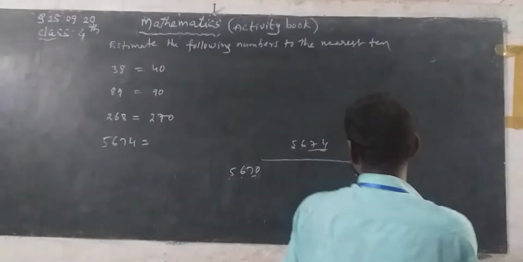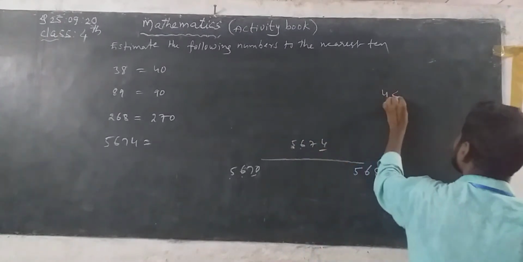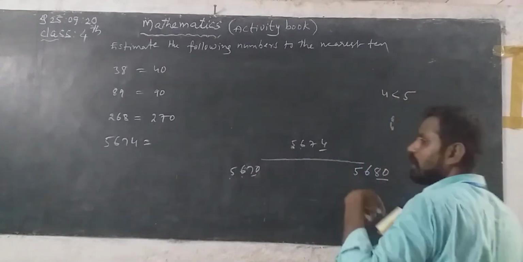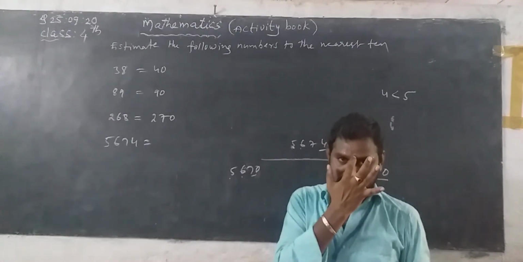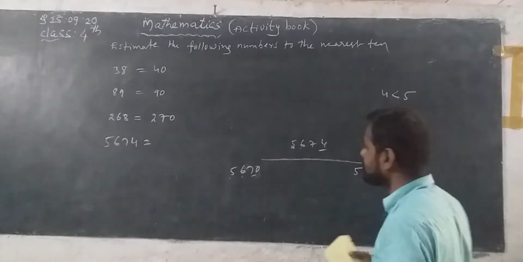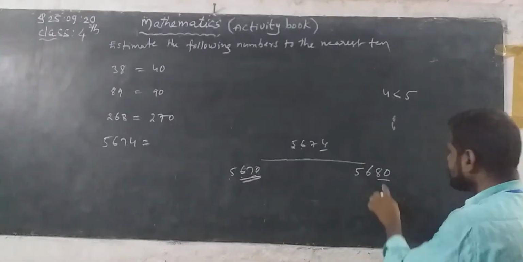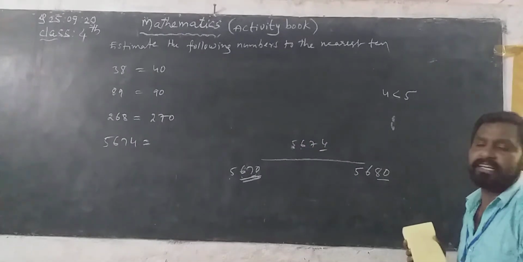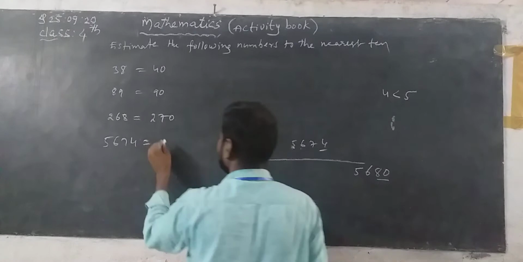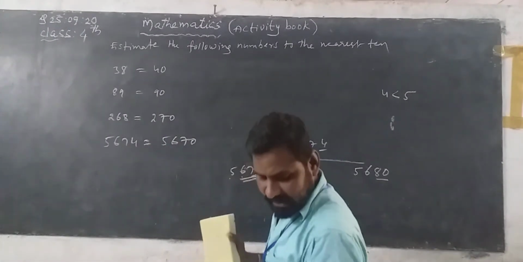See here, the ones place digit is 4. 4 is less than 5. So we have to take the before tens. Next tens means 80, no? So before tens means 5670. 5670.